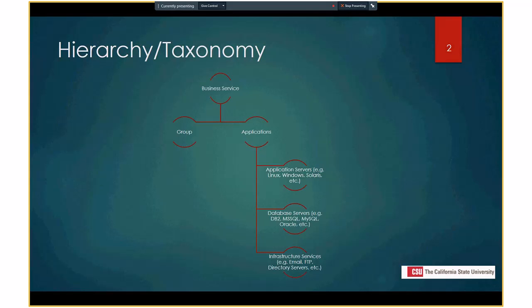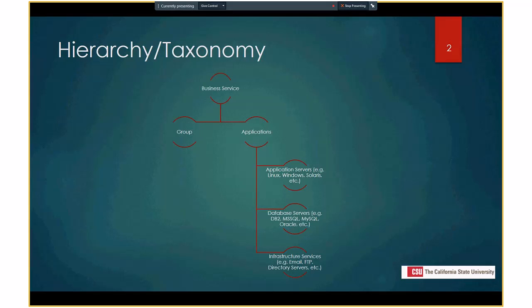So our 1.0 had a mixture of high-level business services as well as more low-level business services within there. In our 2.0, we're going to be looking at defining them and getting them into more focused areas. Within each business service, there is a group defined, and within that group is who is the owner of the business service, who's the main contact, who is the support person for that business service. All that is in the group areas tied to the business service. And then we also have applications, the applications that support that business service.